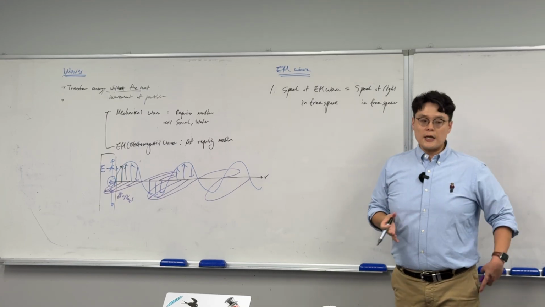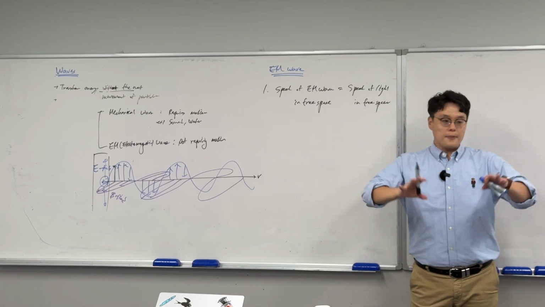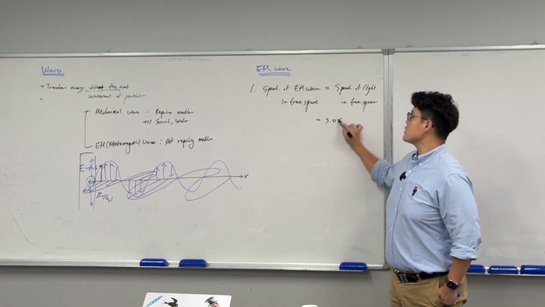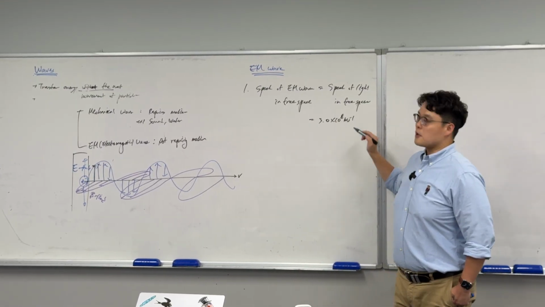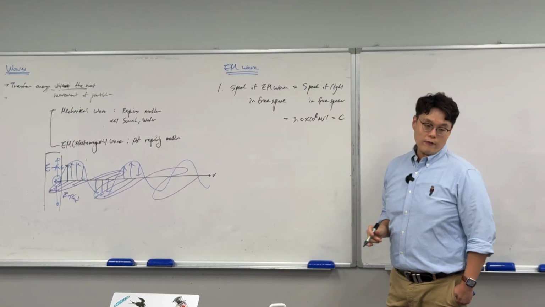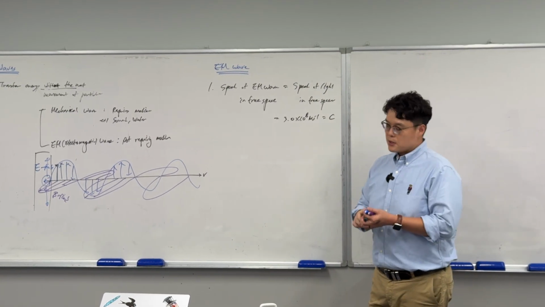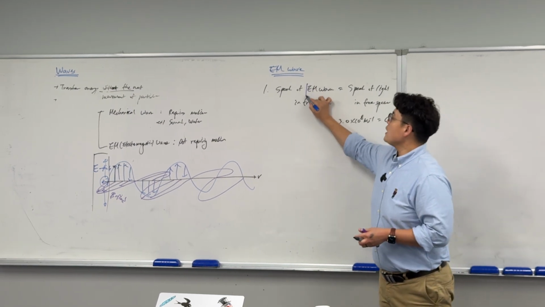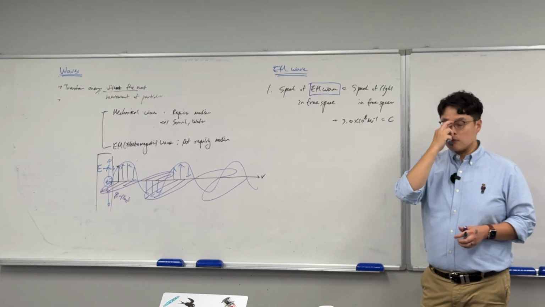So free as in there's nothing, no particle, no obstacle. In this case, it's 3.0 times 10 to the power 8 meters per second, also known as c. It doesn't matter what type of EM wave: any EM wave moves at the speed of light.